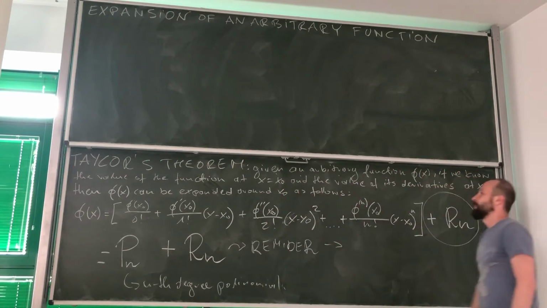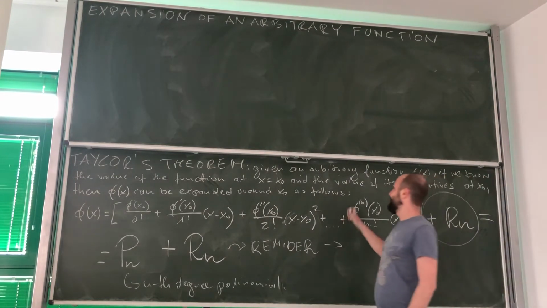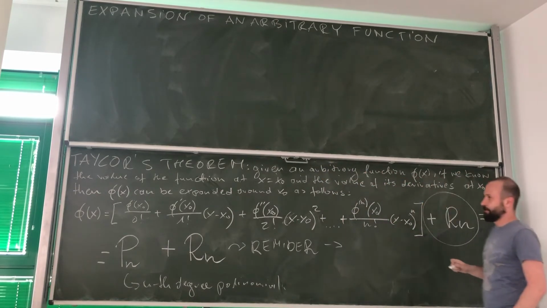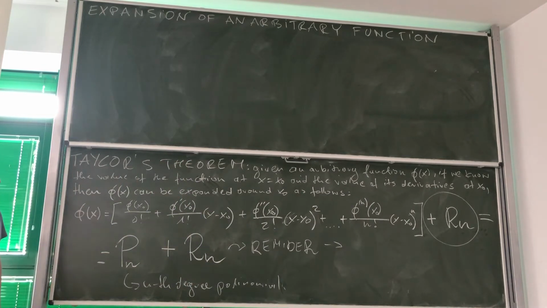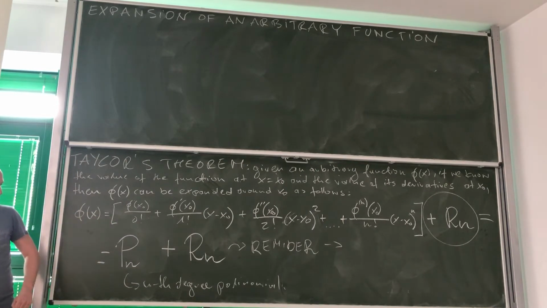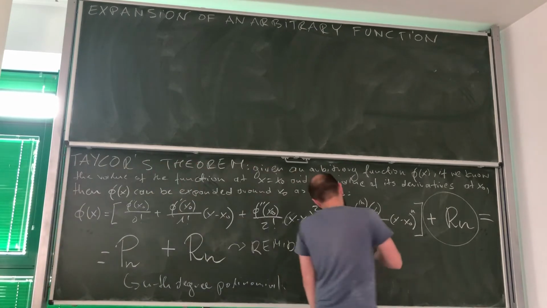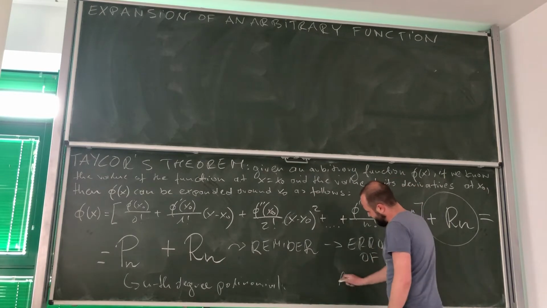And this remainder is actually showing us by how much we are mistaken if we are approximating any arbitrary function using a Taylor expansion. And look, we will get an approximation of this function with the polynomial, and the remainder will be our error of approximation.